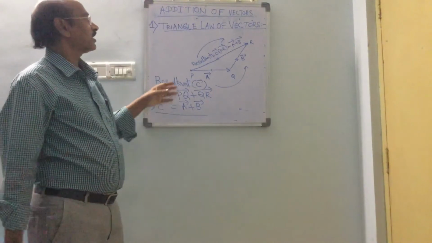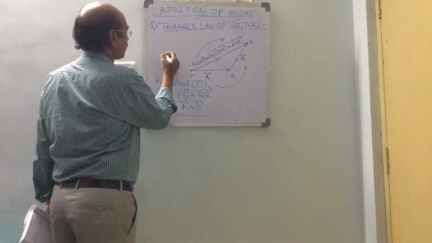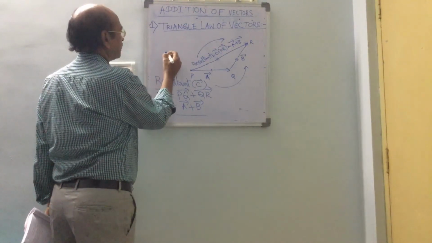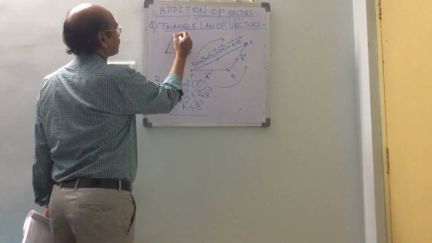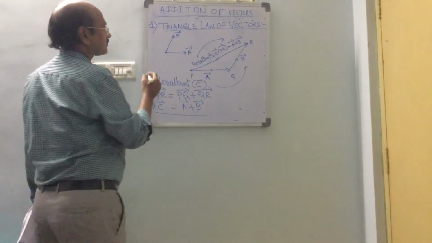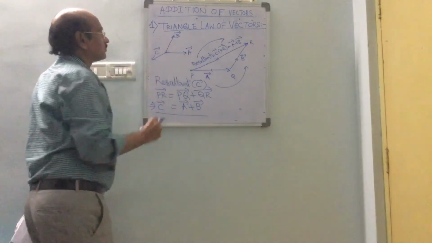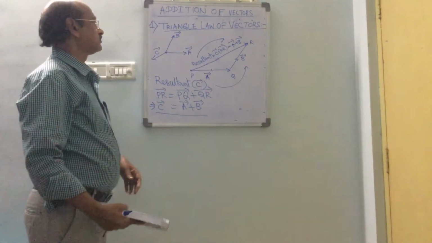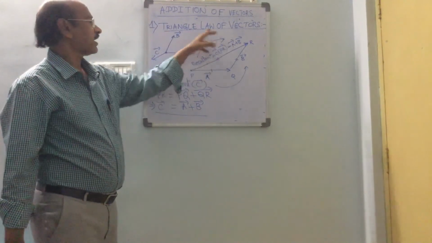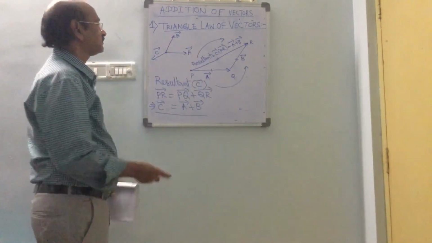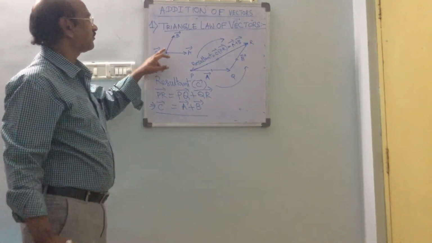Or it may be stated in another way also. If three forces acting at a point are represented by the three adjacent sides of a triangle taken in an order, that is in anti-clockwise direction, this also taken in this direction, then the point O will be in equilibrium.